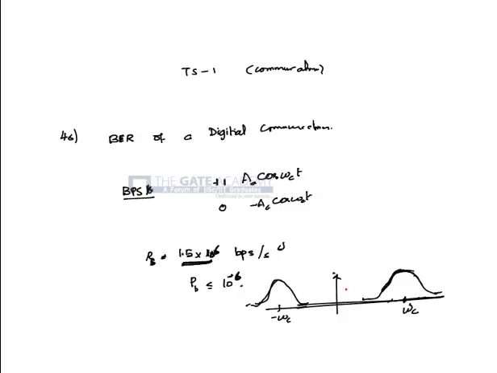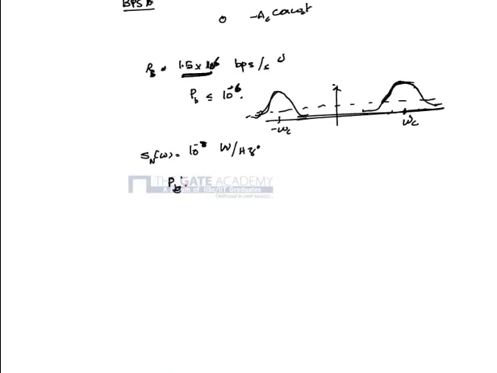Now it is also given that the channel noise, which is a white noise in this case, is 10 power minus 8. This is the noise spectral density whose units are watts per hertz. Now the question asks, what is the minimum signal power required at the receiver such that the probability of error, or bit error, is less than 10 power minus 6.